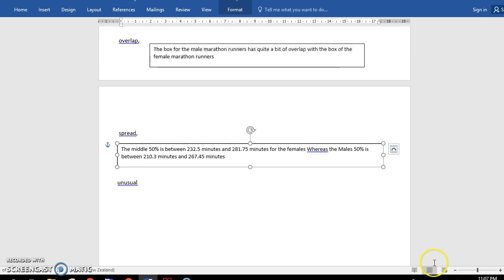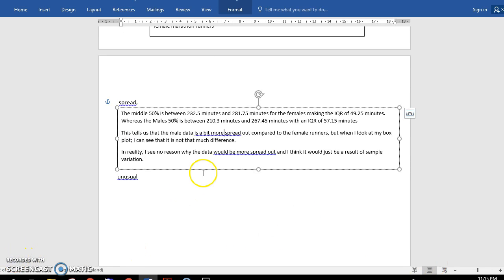So let's see what that looks like. Here I've added a little bit more to the first bit we wrote at the start. This time I've done the interquartile range, which is the spread, the distance between the upper quartile and the lower quartile, so that minus that.